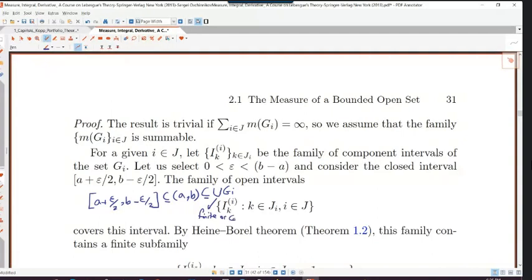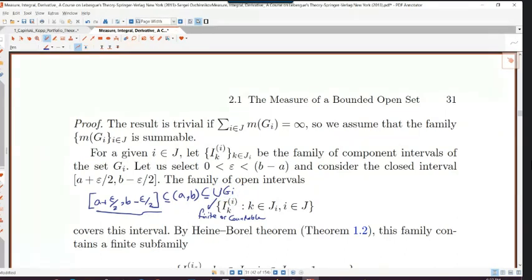Now, this closed interval is a subset of this union. Each of Gi is a union of open intervals, and we call it component intervals of Gi.